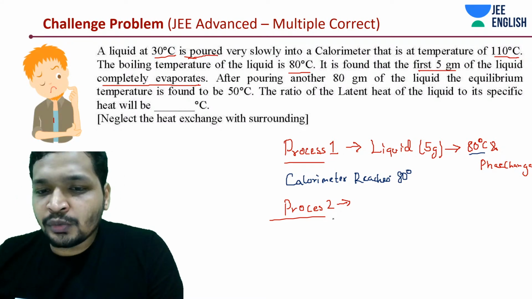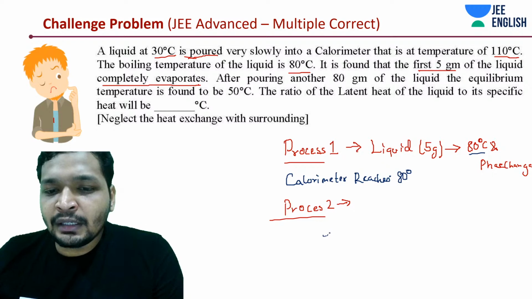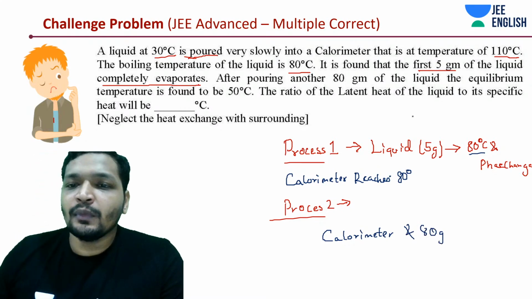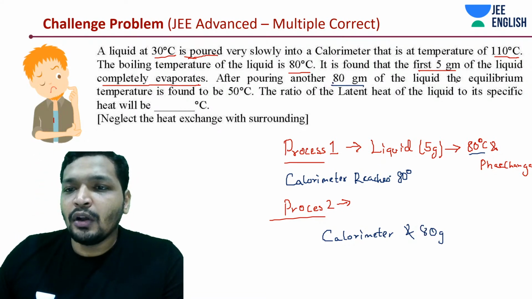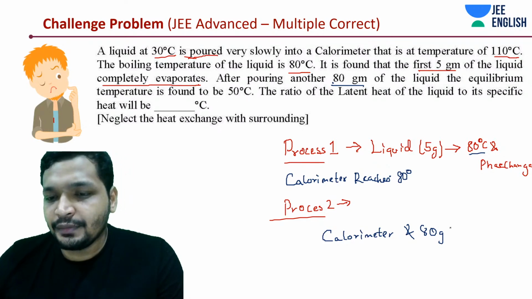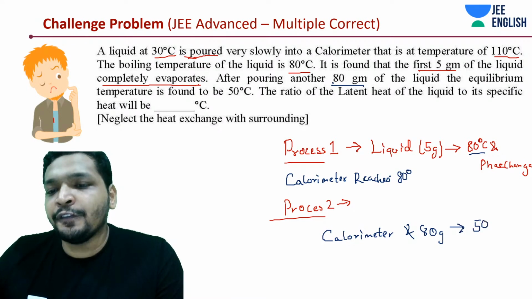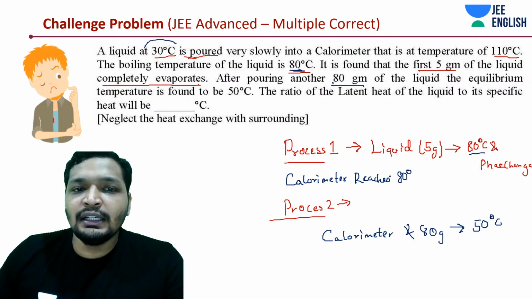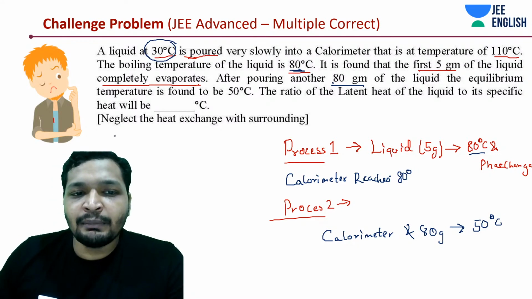Now process 2 is one where the calorimeter and 80 gram of the liquid reach 50 degrees Celsius. The liquid evaporates at 80 degrees Celsius and it is initially at 30 degrees Celsius.